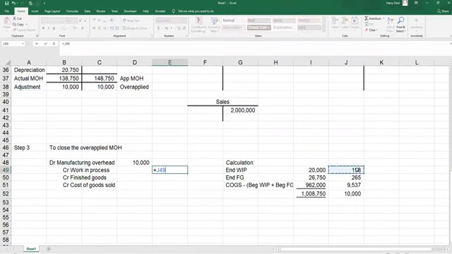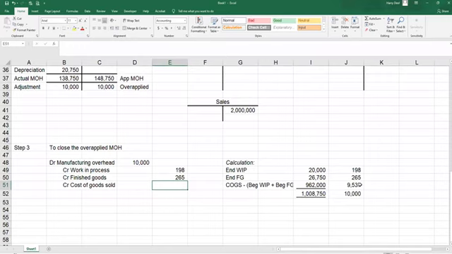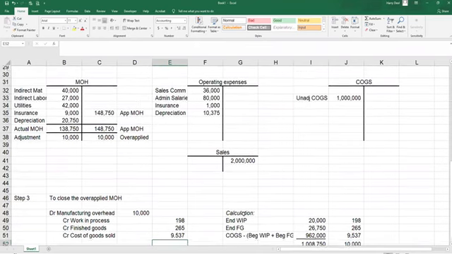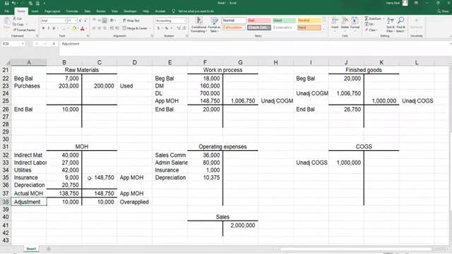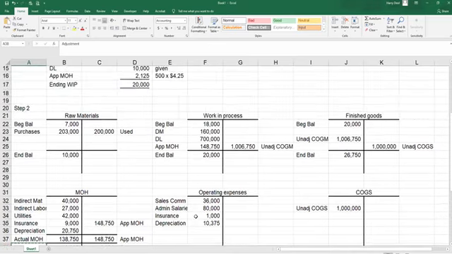So the result is we will credit work in process by $198. You want to credit finished goods by $265, and you want to credit cost of goods sold by $9,537. This journal entry must be posted back to the respective accounts. So for manufacturing overhead, we debited manufacturing overhead, so that adjustment is done.